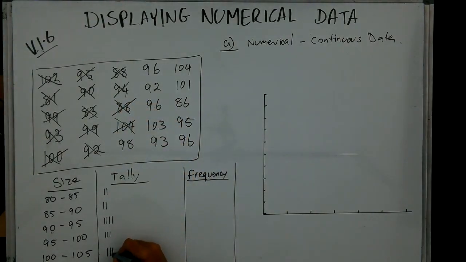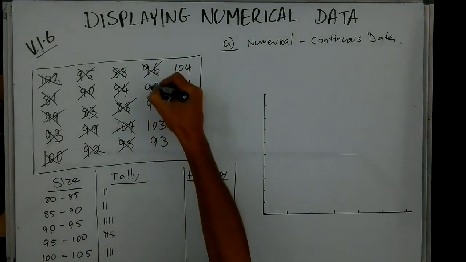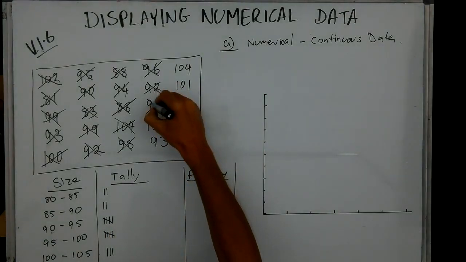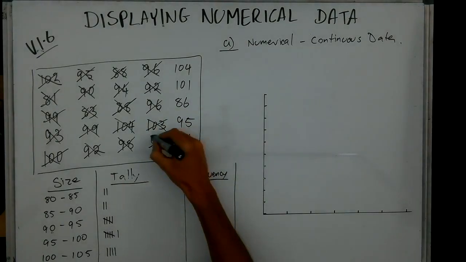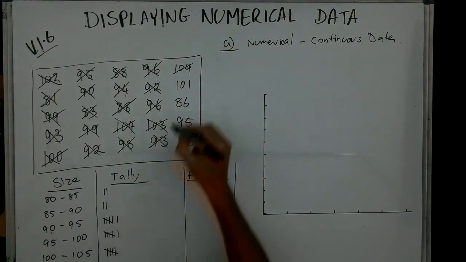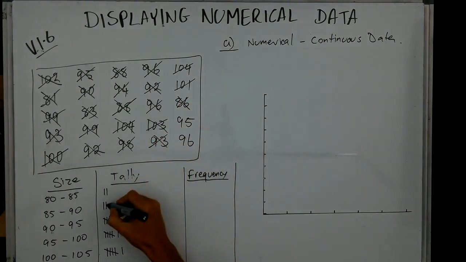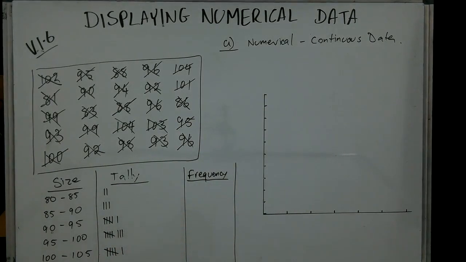I think 4 goes there, 2 in that category, 3, 3, 4, 1, and 5, not this one, but that one. 96 in that one.